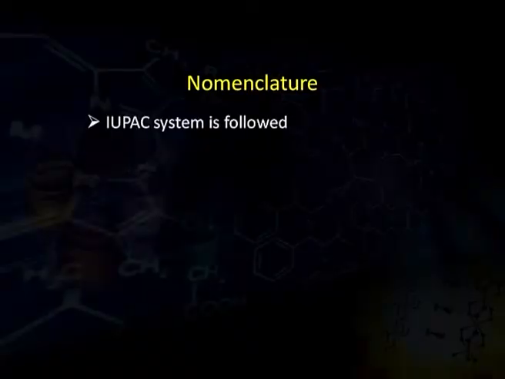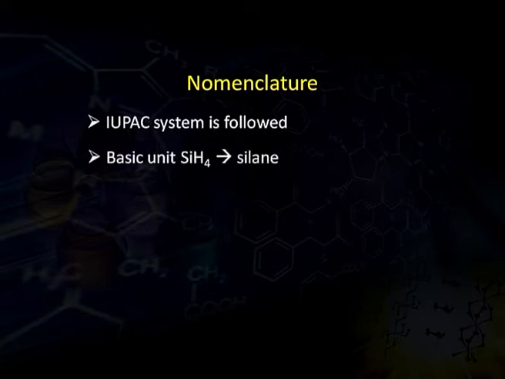Coming on to the nomenclature of silicones. These also follow IUPAC nomenclature. IUPAC is International Union of Pure and Applied Chemistry. The basic unit here is SiH4 and it is named silane, like in the case of organic compounds we find that the basic unit is CH4, called methane.